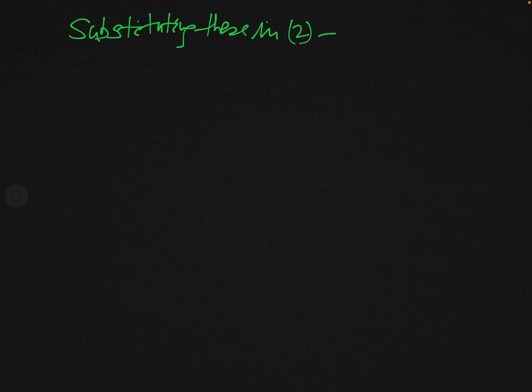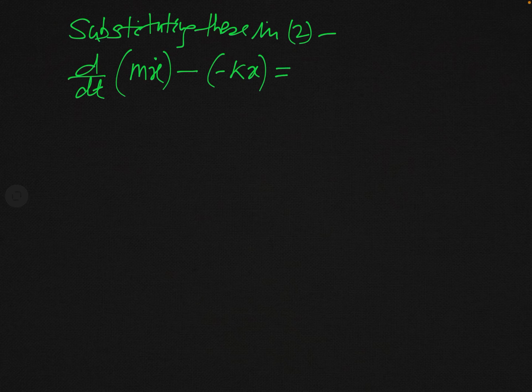This is d dt del f by del x dot, which is m x dot, and there is a minus sign here, and del f by del x equal to minus kx, and that equals 0.